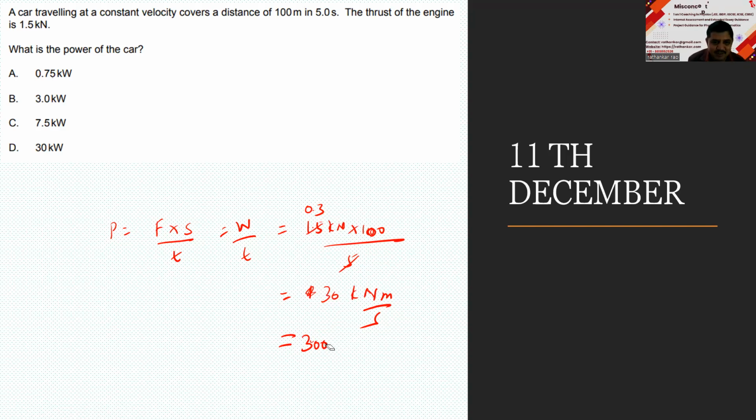I am a little weak in mathematics. Okay, so it is 30 kilowatts. Sorry, kilowatts. That's it. With this, we come to an end to today's solutions.